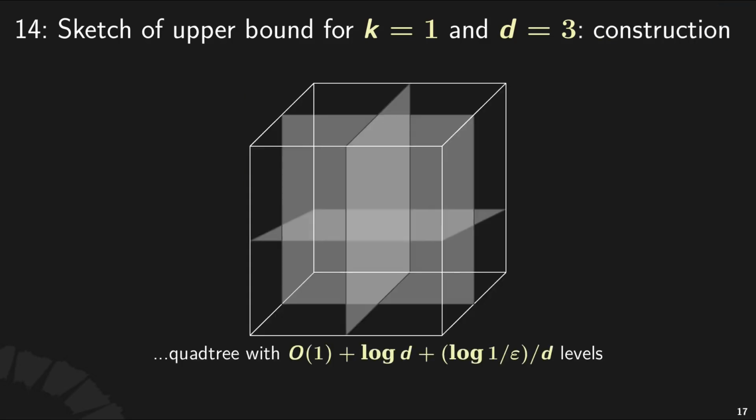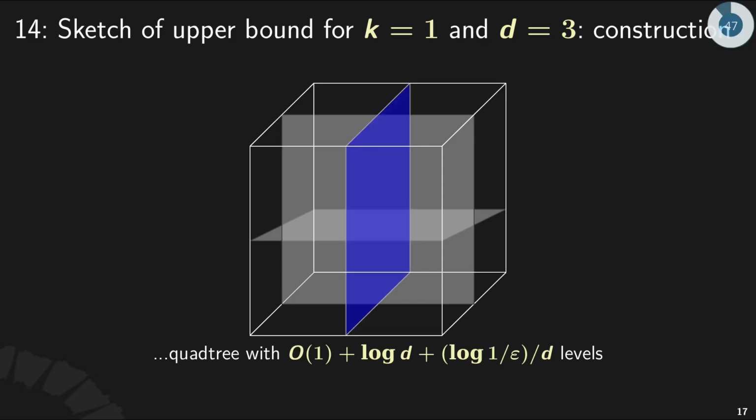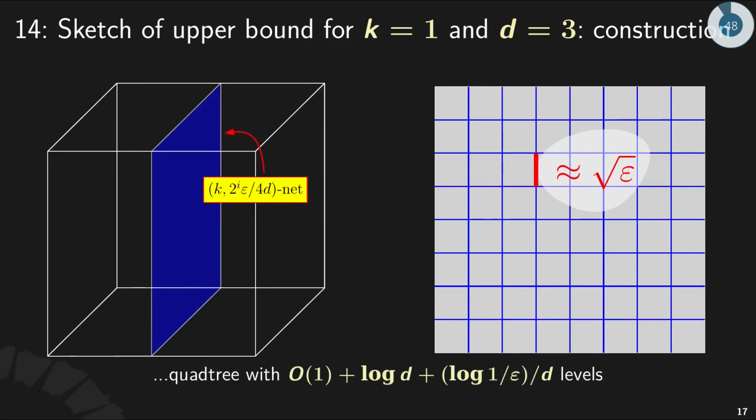We are starting with the unit cube. Think about it as an octree, a quadtree if you want. We look at the halving plane. We put on them at the top level the densest grids. Then we continue this construction recursively. The number of levels you have to pick very carefully.